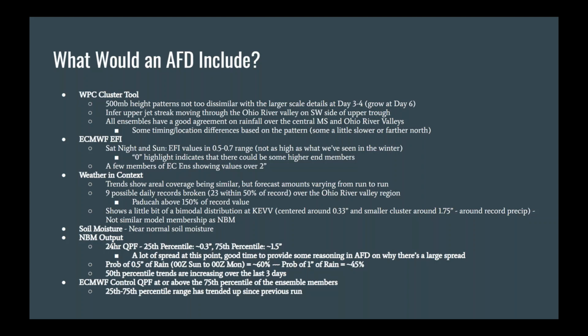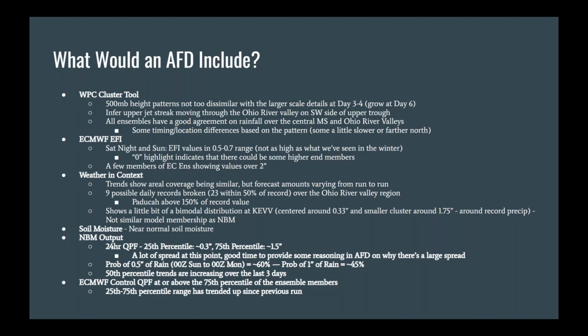And then the NBM output and the ECMWF control QPF at the end, I thought some of those things were pretty interesting. The NBM output is some items that you can start to tie into the messaging, like Randy was saying. I highlighted that probability of a half inch of rain, probability of 1 inch of rain.